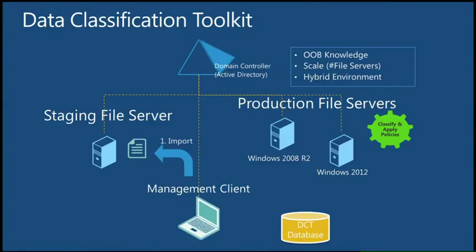We create an initial policy, initial set of classification rules, initial set of file management tasks, etc. And once we've done that, we export that policy, that configuration, back to our management client, so we have it available, and we can then push that configuration out to all of our file servers, both Windows Server 2012 and Windows Server 2008 R2 for the parts it supports, across the organization via group policy, or via commandlets for that matter. So we can actually take a configuration that we know is good and push it out throughout a whole organization.